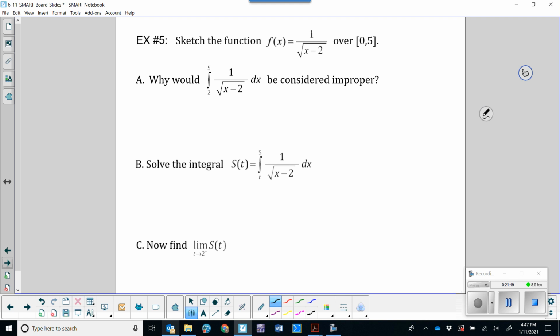Okay. If we look at example 5, and we were to look at the graph of this function from 0 to 5, you would find that at 2, you would have a vertical asymptote, and it's going to look like this. So that means that at 2, it is not defined, okay?